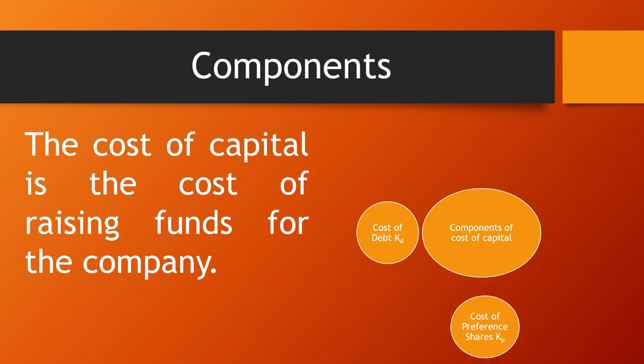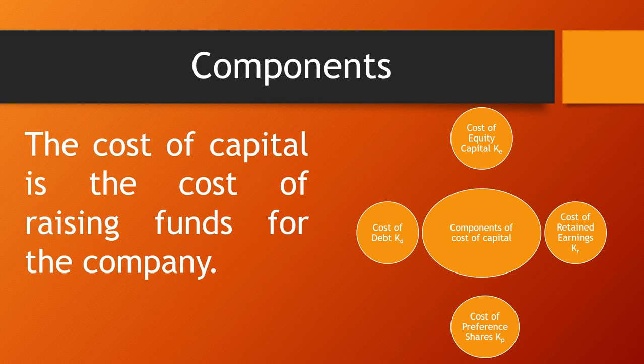If you are borrowing the money by way of preference shares, the dividend you are paying will be my cost. So we will be studying the cost of preference shares, which is named KP. Cost of retained earnings: if I am investing my own money in business, that is my opportunity cost. So I'll be talking about the cost of retained earnings, which will be named KR.